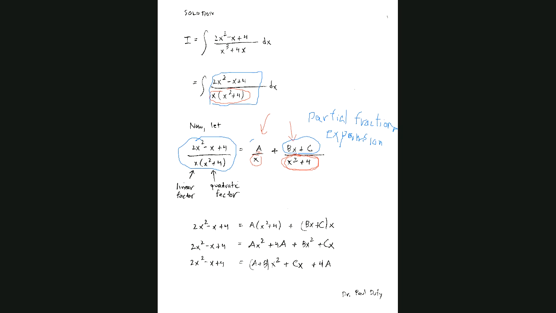The degree of that polynomial is 1, and that's 1 degree less than x squared plus 4. So always in the numerators you put expressions that are 1 degree less than what you have in the denominator. And it turns out that we can figure out what A, B, and C are.